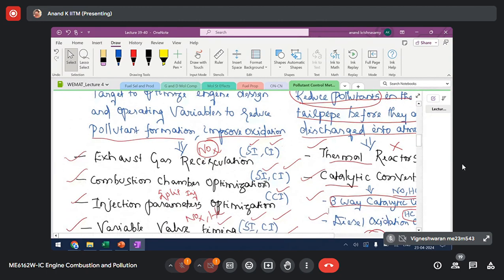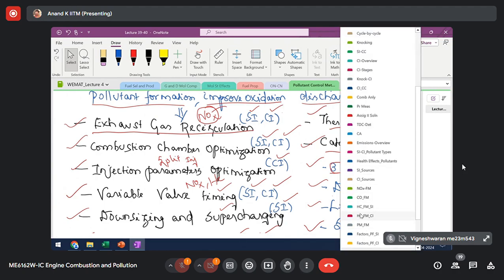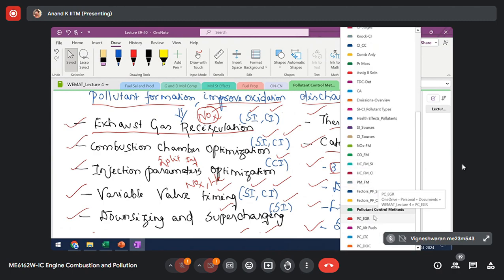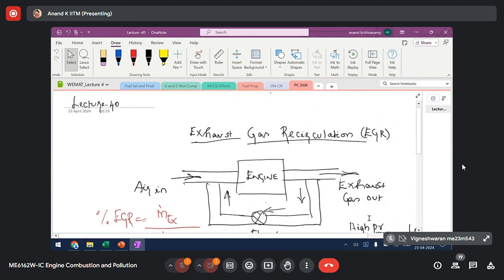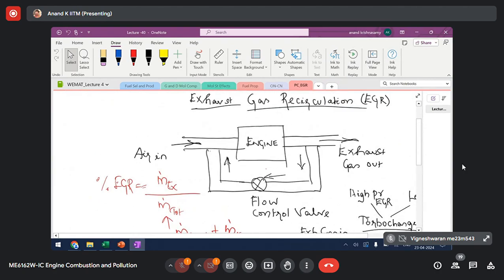Okay, let us start with this exhaust gas recirculation method. Let us look at how it is controlling NOx. So in an exhaust gas recirculation method, as the name itself implies, you are recirculating exhaust gas from the exhaust line. So you are tapping a fraction of exhaust gas from the exhaust line.